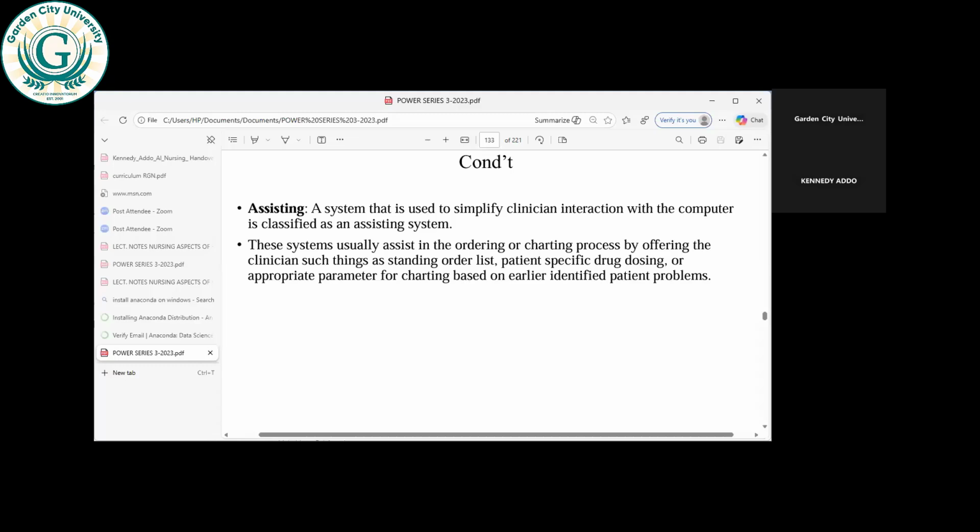So it is also an assistant to the care provider, and that is also very important. Please, is that quite clear?